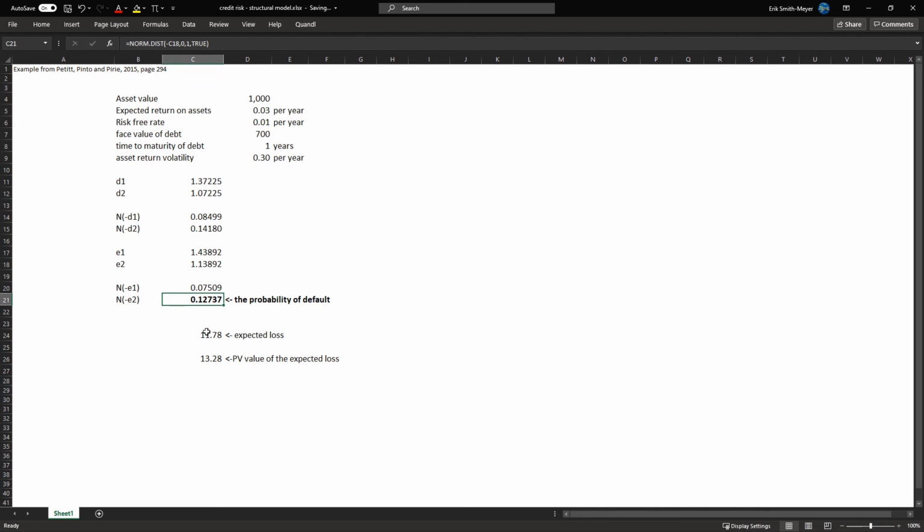We can also use the formulas we showed in the slides to get the expected loss.